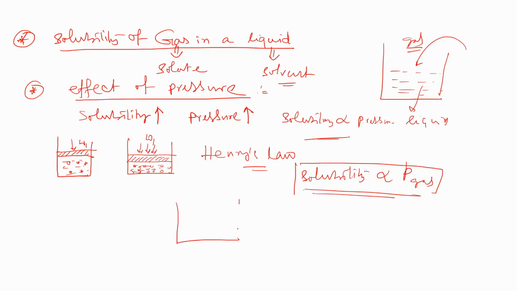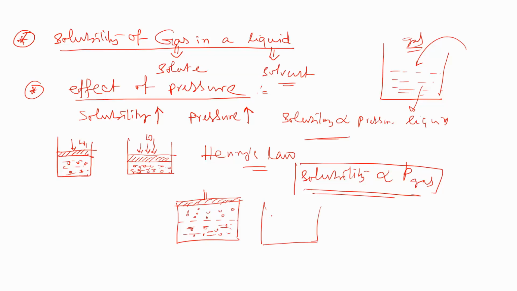To understand the law, we are creating this. This is the liquid part, and here is a piston. There are some gaseous molecules, and there are also some gaseous molecules which are soluble.